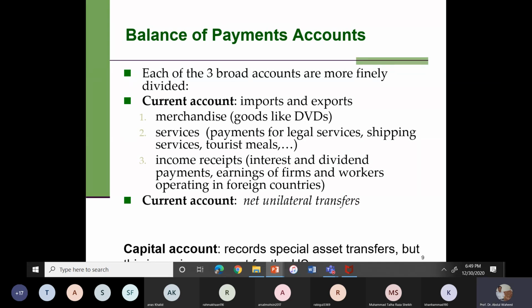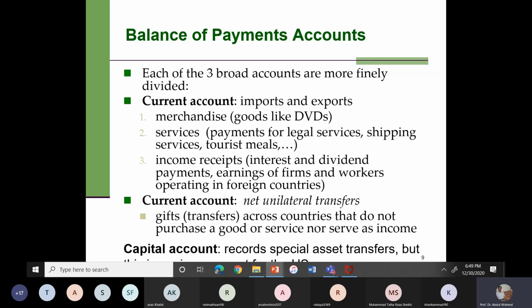And we have net unilateral transfers, which include gifts and grants, all these things. They do not purchase goods and services. Okay, so they are just unilateral transfers. So this would also be a part of the current account.